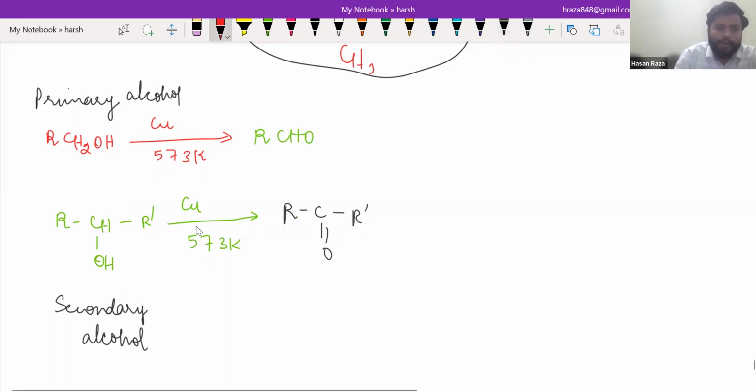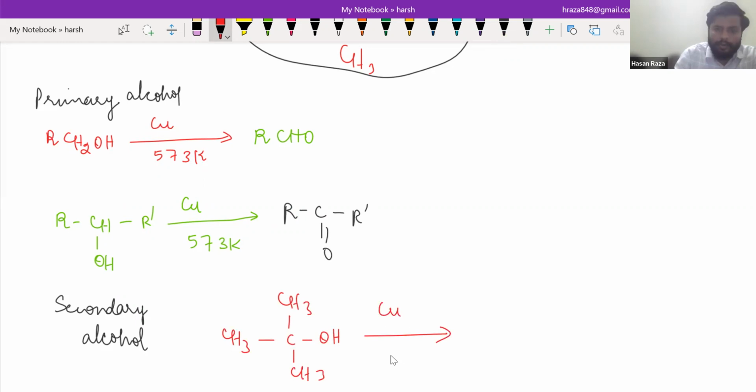Again, the most important point is that if you have tertiary alcohol, CH3COH, and then CH3, and then CH3, when you are going to heat it in the presence of copper at 573 Kelvin, there will be the formation of alkene. It will be like CH3, C double bond CH2, and then CH3.